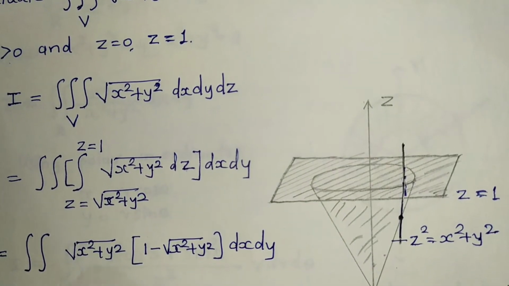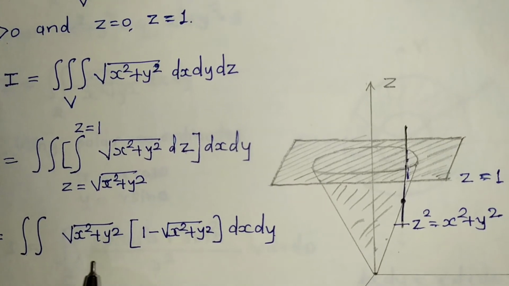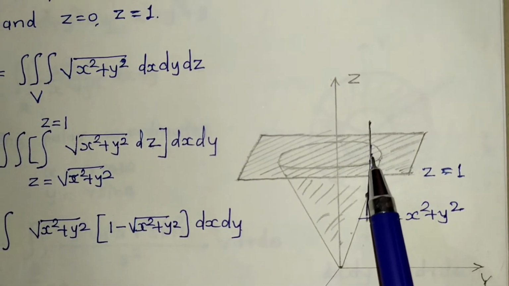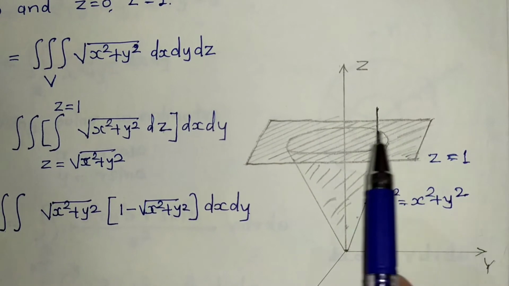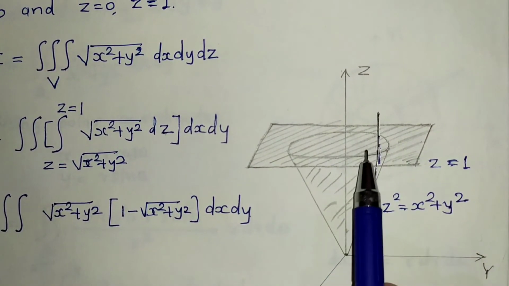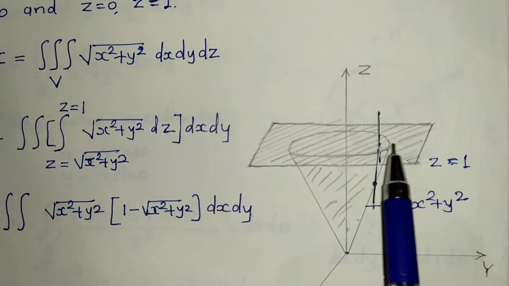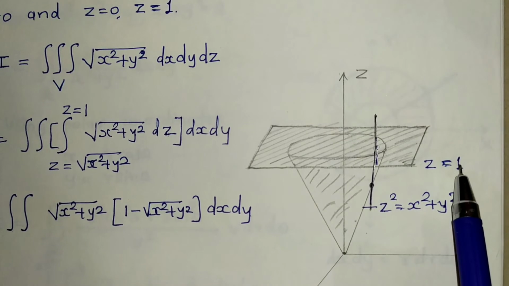Now we have to evaluate this double integral. Look at this diagram. We know that volume is generated by area multiplied by height. So take the projection of this volume on the plane z is equal to 1.